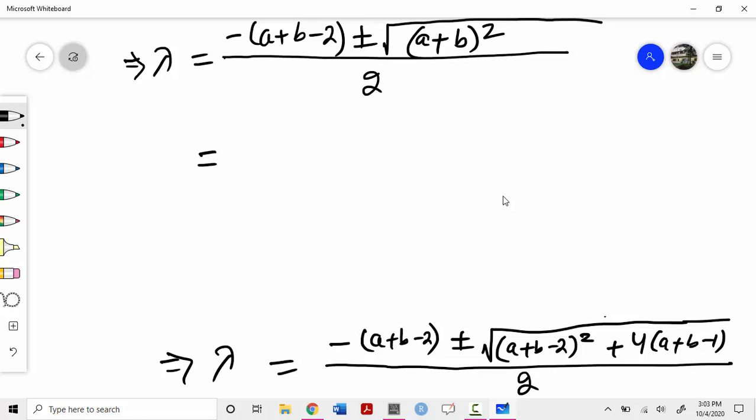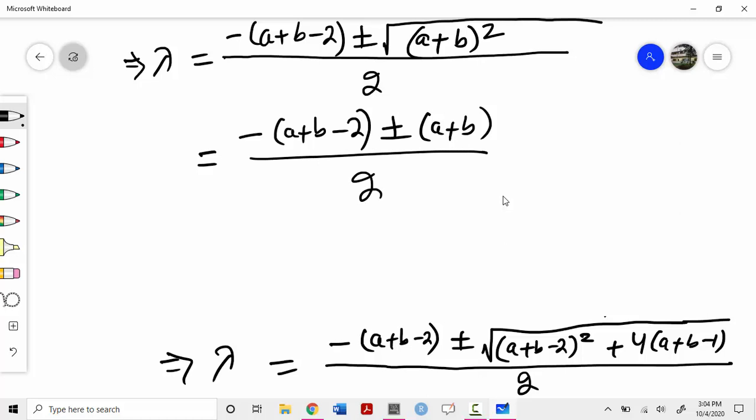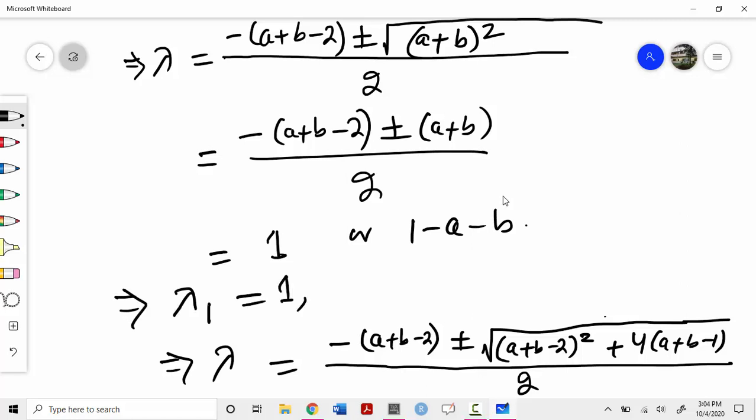Now this will be equal to minus (a plus b minus 2) plus minus (a plus b) divided by 2. Now this will be equal to 1 or 1 minus a minus b. So this implies there are two eigenvalues, lambda 1 equal to 1 and lambda 2 equal to 1 minus a minus b.